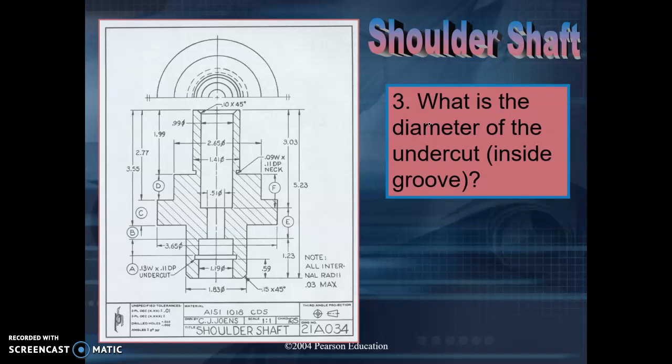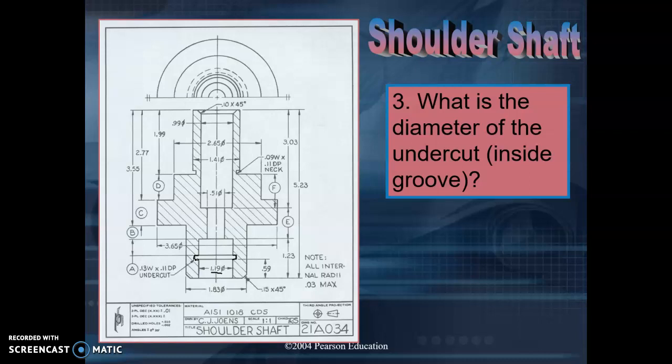What is the diameter of the undercut, or the inside groove? So we just talked about annular grooves, and the inside or interior annular groove can be seen right here. It's cut into the cylinder here, this bore, and there's a local note here telling us that it's 0.13 wide and 0.11 deep. So the diameter of the bore that it's cut into is 1.19.